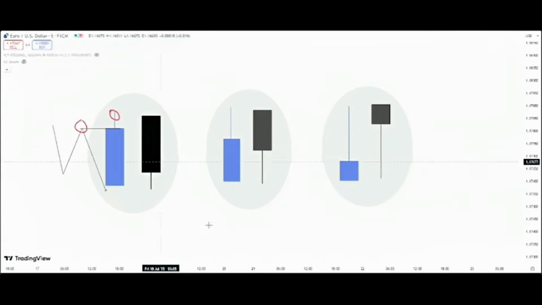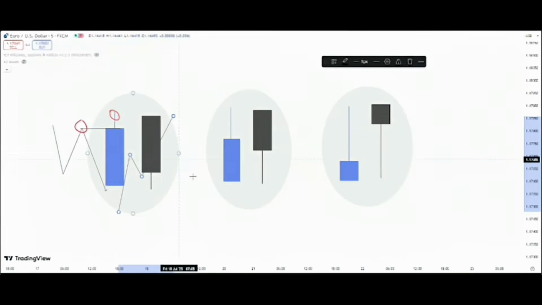Let us assume the bearish condition at your zone. Okay, so you find this zone being taken out by a candle wick.